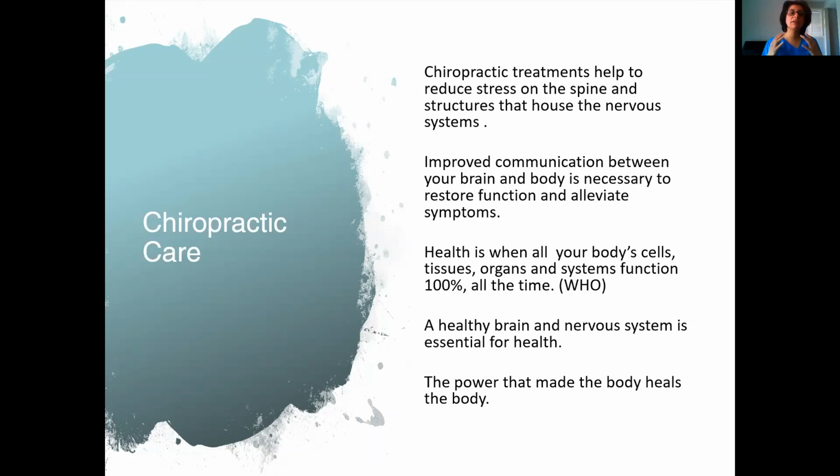And so if you have any stress on your spine due to postural stress or injuries, or you have stress on any of the nervous system, the peripheral nervous system too, that miscommunication or problem with how the brain is able to direct instructions for how different structures in your body are supposed to work can be a problem. So we want to try and help your communication systems in your body work better. And that's what chiropractic does.